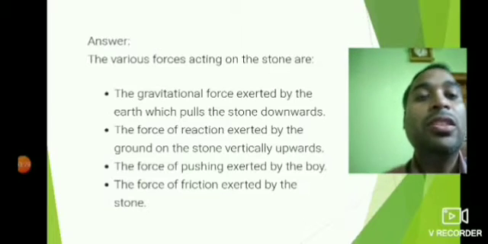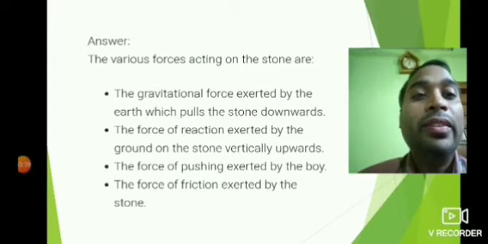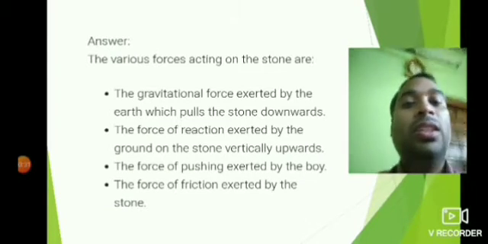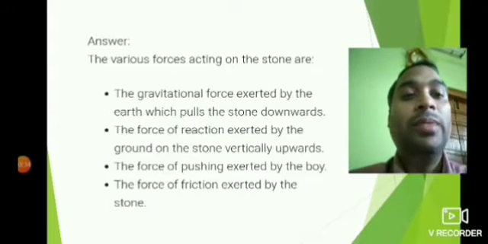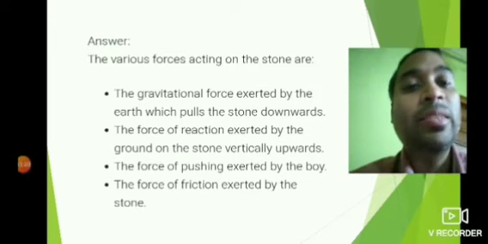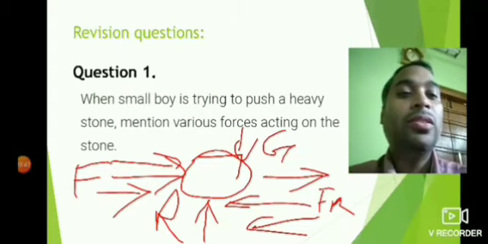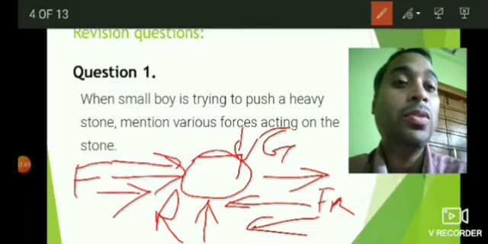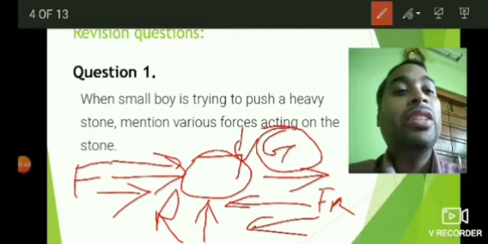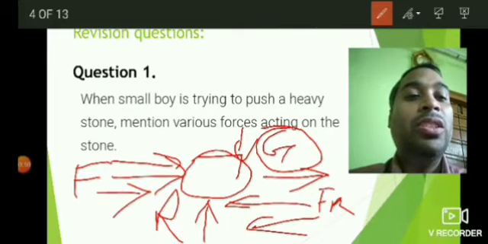Yes, the various forces acting on the stone are the gravitational force exerted by the earth which pulls the stone downwards, this is the G. Just a second. So students, this is not the universal gravitational constant. I have just used it to denote gravitational force, this G. So please don't get confused.